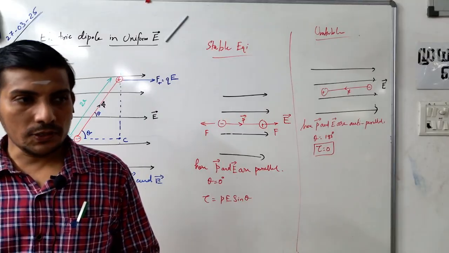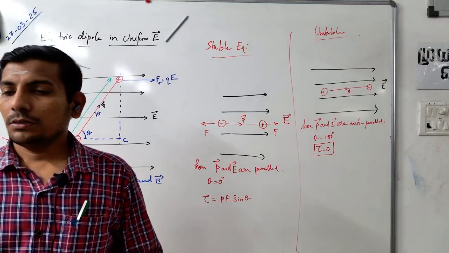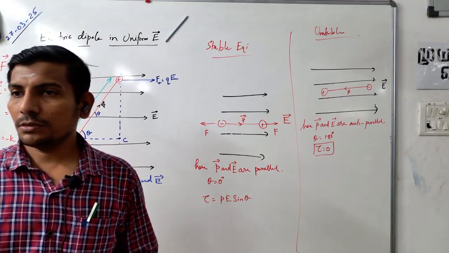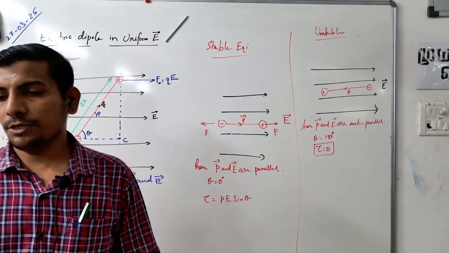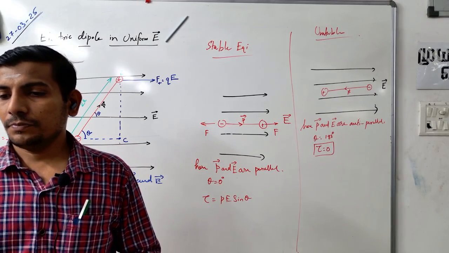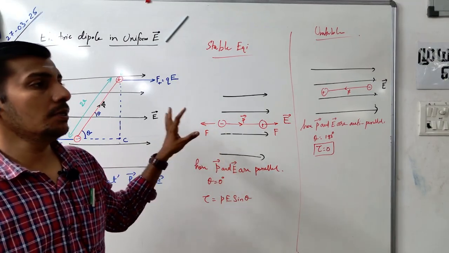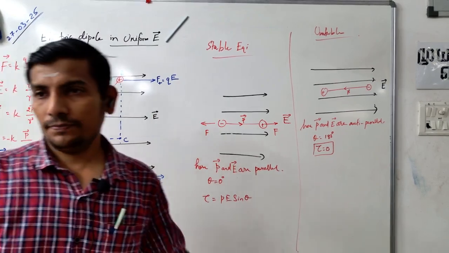The parallel condition is called the stable equilibrium condition. The anti-parallel condition is called the unstable equilibrium condition. This is how a dipole behaves in a uniform electric field.